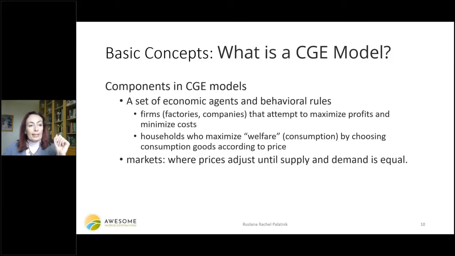So some basic concepts. What is the CGE model? The basic components of the CGE models are, first of all, a set of economic agents with behavioral rules.